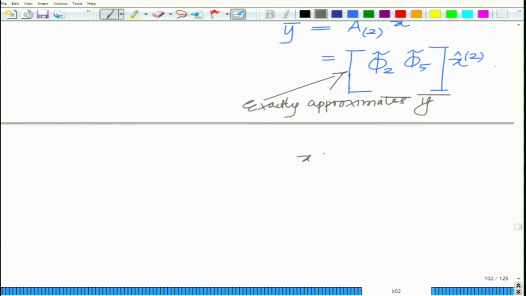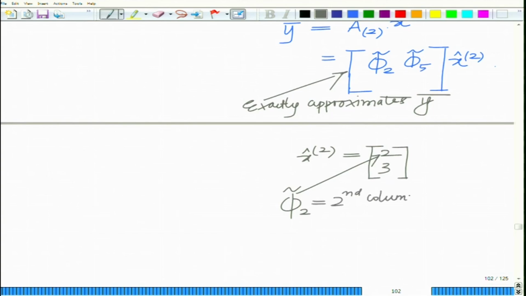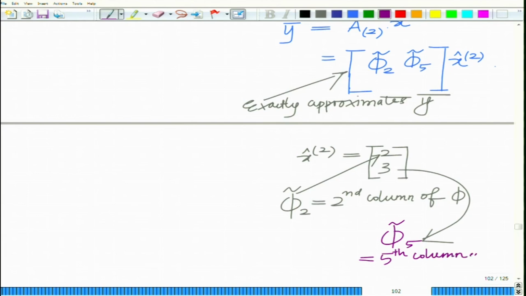So, if you look at x hat 2, which is equal to 2 comma 3, 2 corresponds to, remember, phi tilde 2, which is basically the second column of phi, and 3 corresponds to phi tilde 5, the fifth column of the matrix phi.